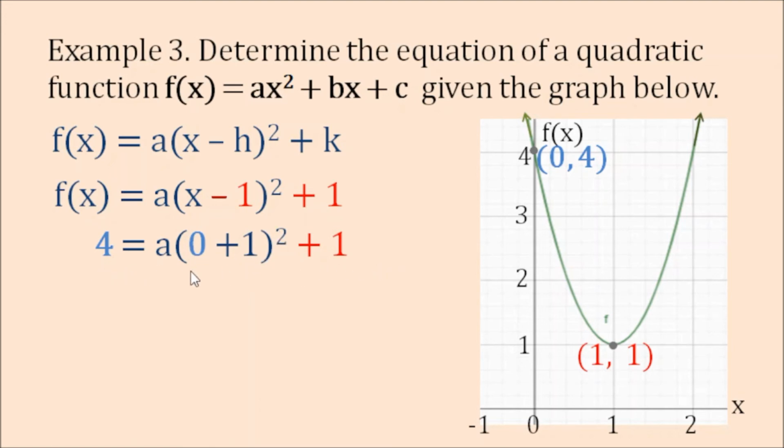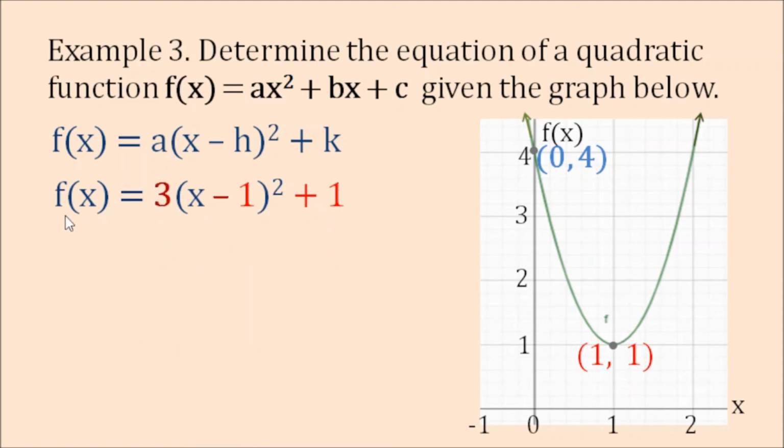Okay, we are going to simplify this equation. 0 plus 1 is 1, then square it, it's still 1. Then 1 times a is just a. So we have 4 equals a plus 1. Subtracting 1 from both sides of the equation, we have a equals 3. Now we are going to substitute this a here with 3.